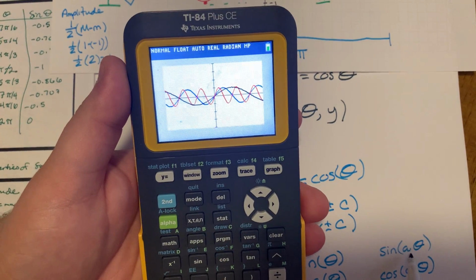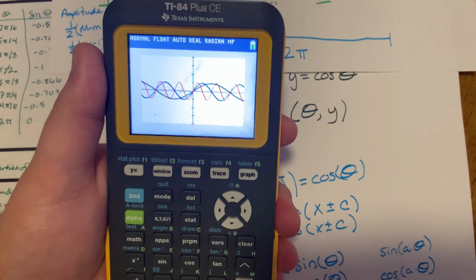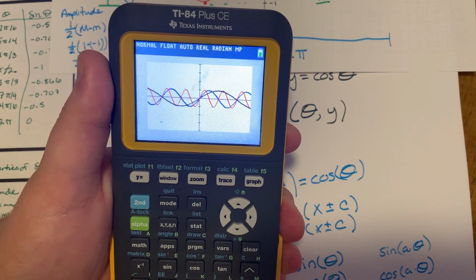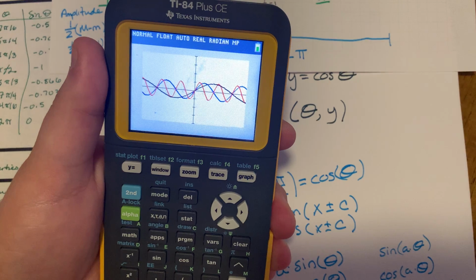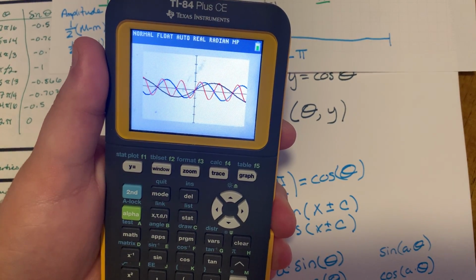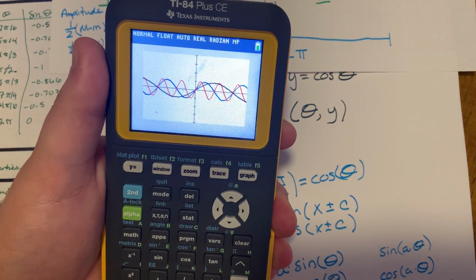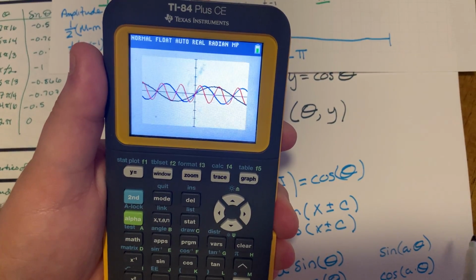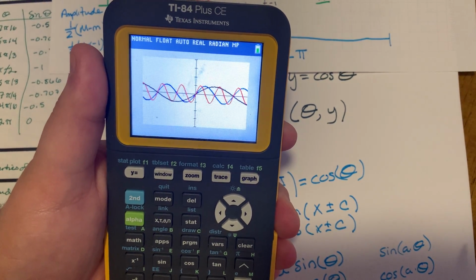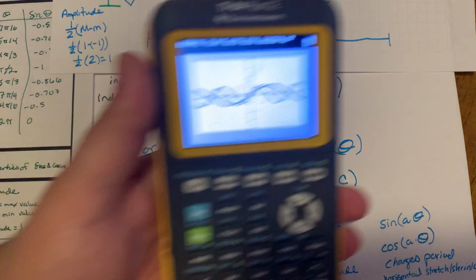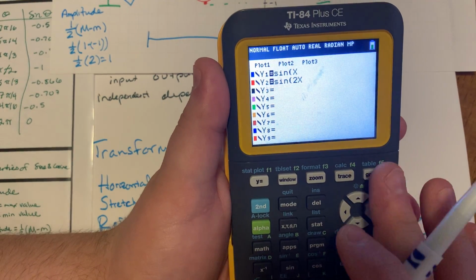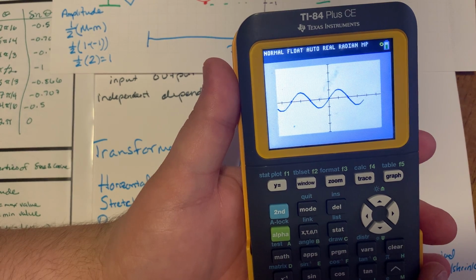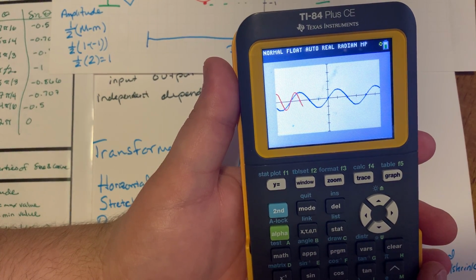When we have our multiplicand inside, this changes the period. And this is our horizontal stretch or shrink. Because what happens if we have, let me get rid of just one of those and redraw it, 2x?